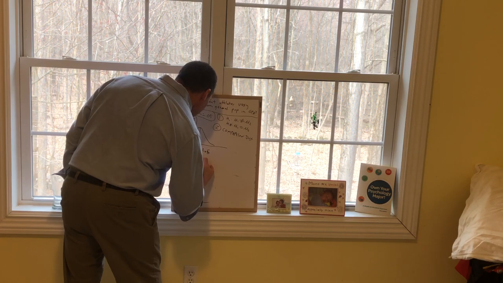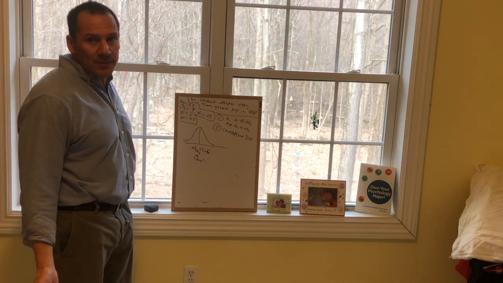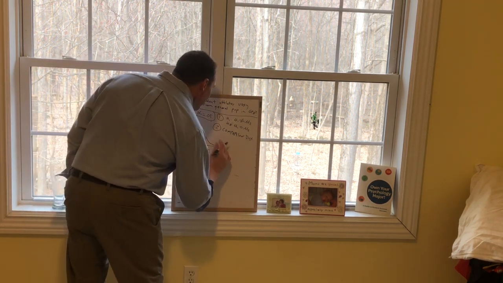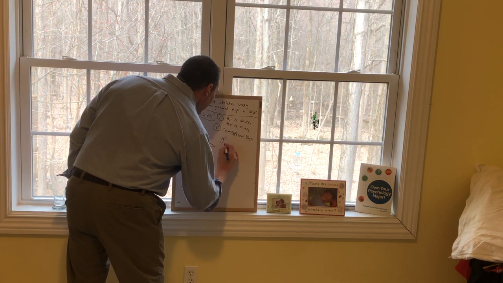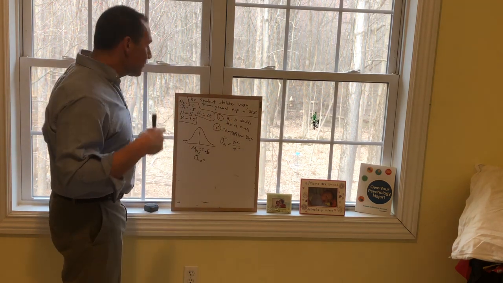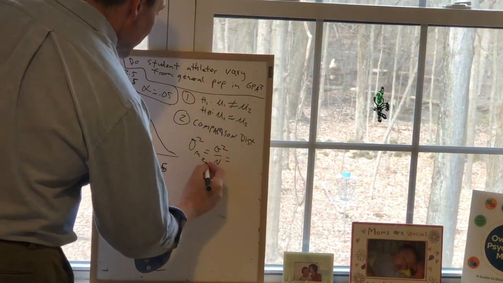And sigma sub m sub 2 is the other piece of information that we need. So you remember, to get sigma sub m sub 2, sigma squared sub m equals sigma squared divided by n. So this is the variance. Right now we're working on the variance for this comparison distribution.